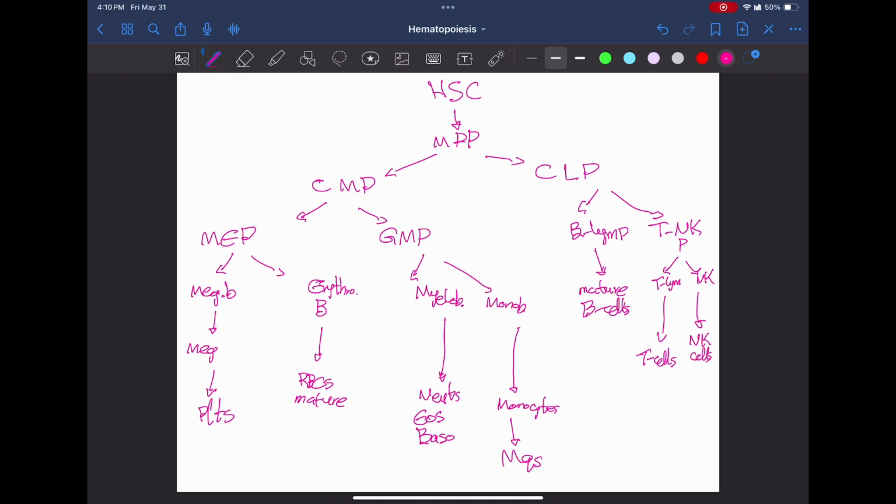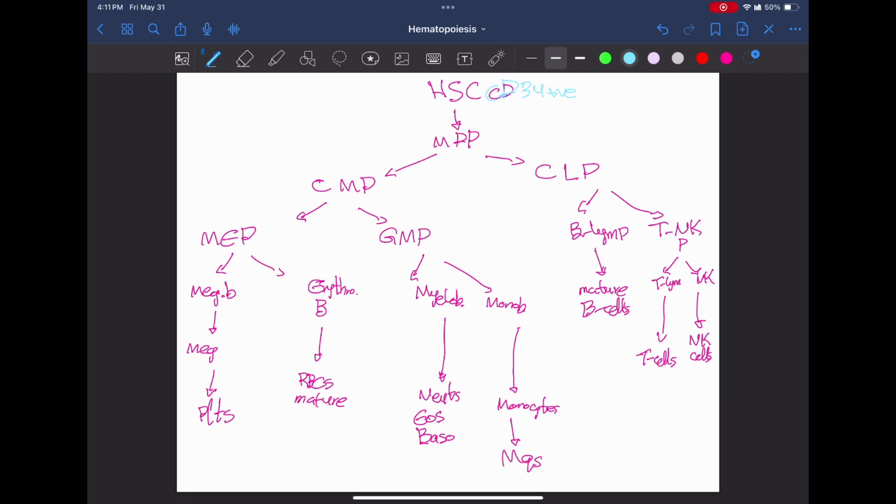As for the markers that are expressed on these cells in this flowchart, hematopoietic stem cells are CD34 positive. Multipotent progenitors can differentiate into common myeloid progenitors as well as common lymphoid progenitors.